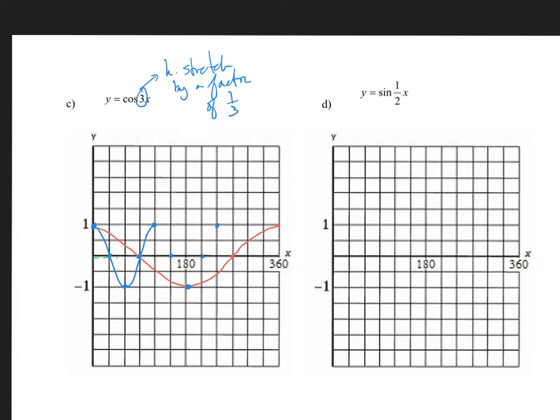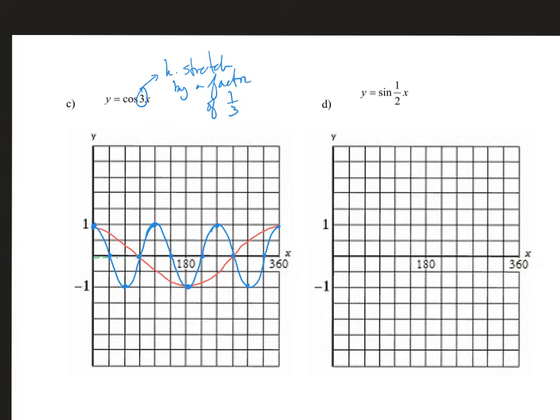I can take that blue graph and stamp it out and start to fill in the rest of that domain. That's the nice part about dealing with periodic functions. If they repeat, then don't transform the whole thing. Get one cycle of it and use the repetitive nature of periodic functions to fill in the rest of the domain. There we go.